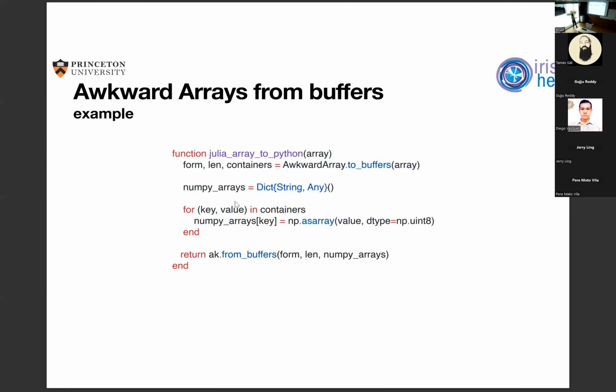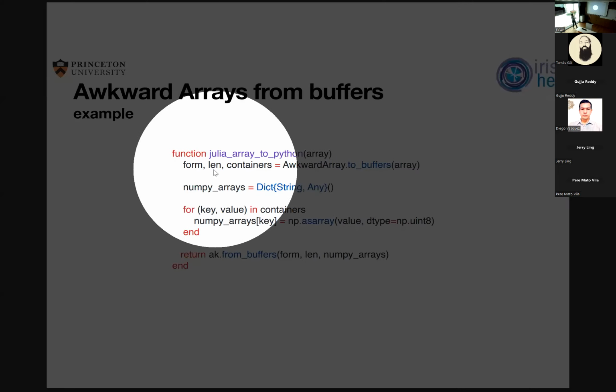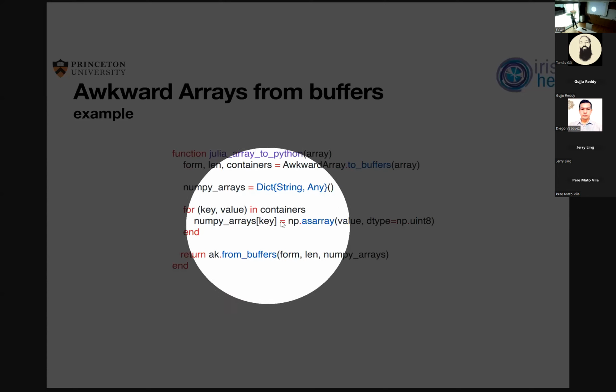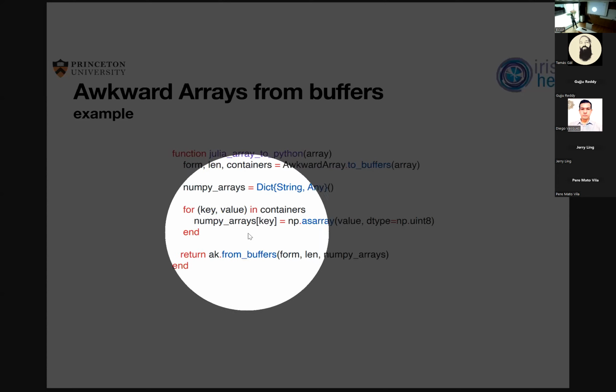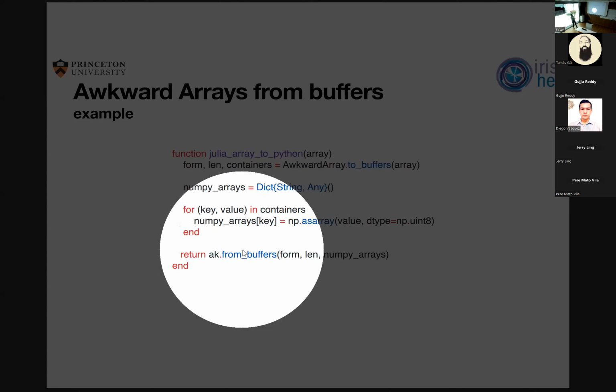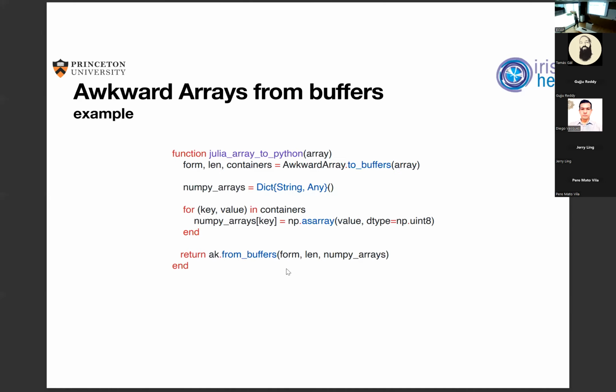One little thing I haven't found out: this creates a dictionary in Julia, and we need to make a NumPy array of that, because awkward from_buffers takes a byte array. So the question here is who actually owns the memory, because we have access from Python and from Julia. This is something to look at.